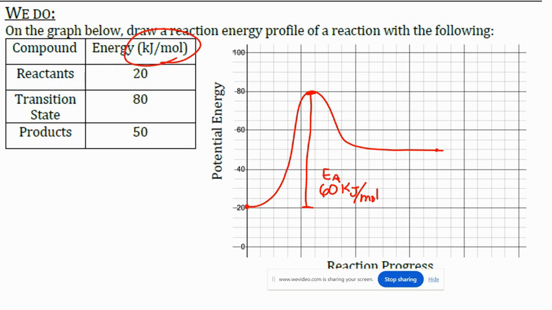Okay, and then my delta H. Oh no, don't you do these pointy arrows. Presley's going to call you on that. Okay, that's better now. So that was 50 and 20, so that'd be 30, and that's going to be kilojoules per mole, and that's going to equal my delta H.